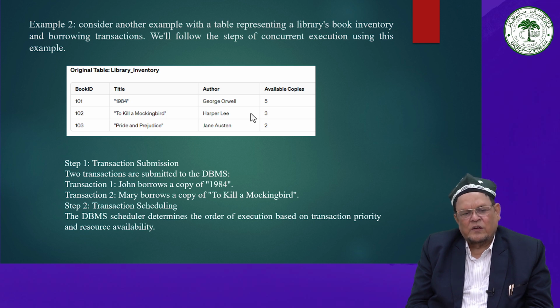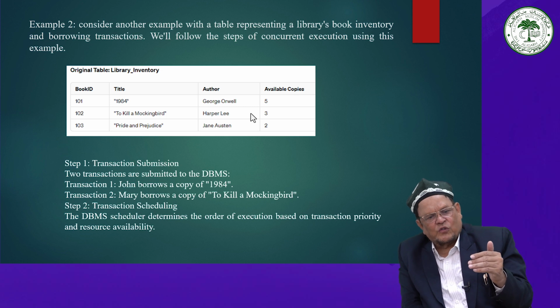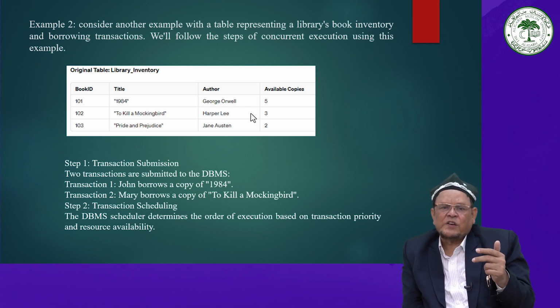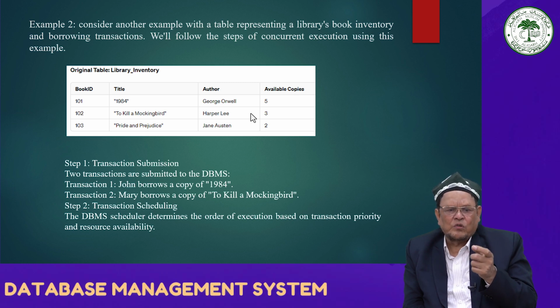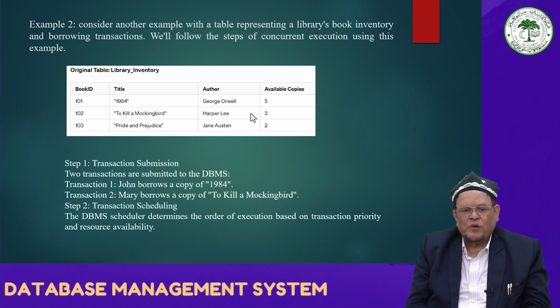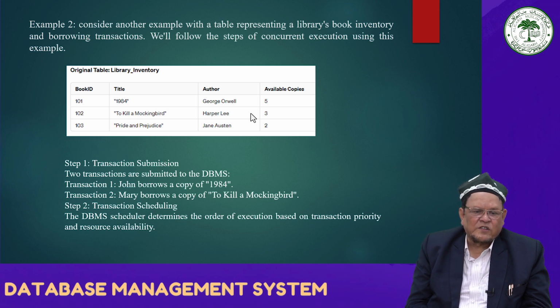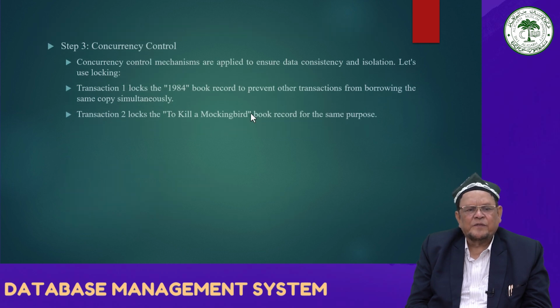The second step, transaction scheduling. In the first step we decided how many transactions there are. There are two transactions: John borrows a book and Mary borrows a copy. Then in the second step, transaction scheduling, the database management system scheduler determines the order of execution based on transaction priority and resource availability.